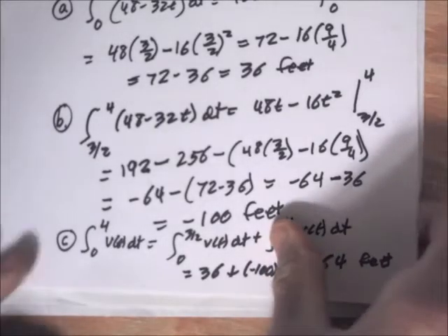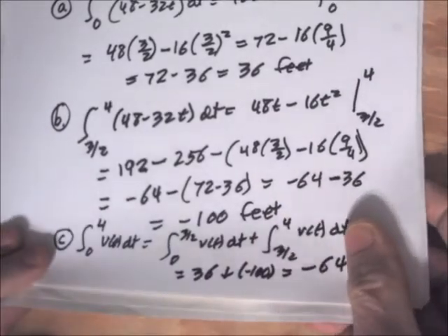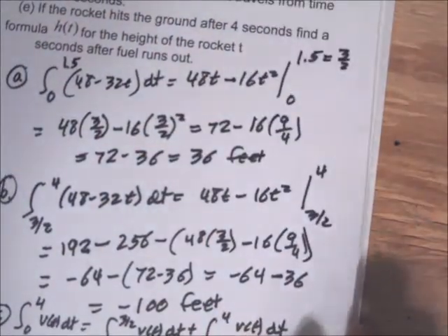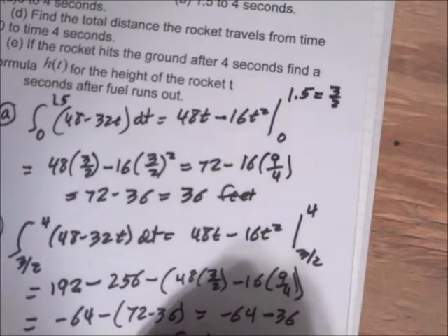Part D, the total distance traveled. So the rocket goes up and it goes down, so the total distance traveled is going to be more than the net distance traveled. This is 2D.